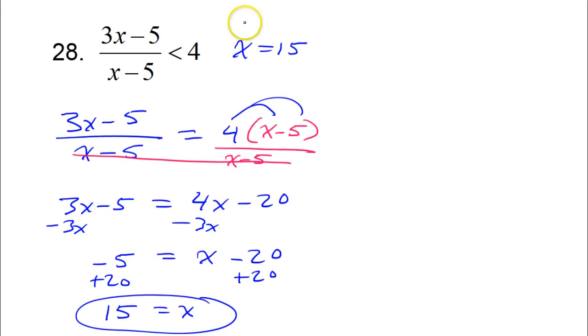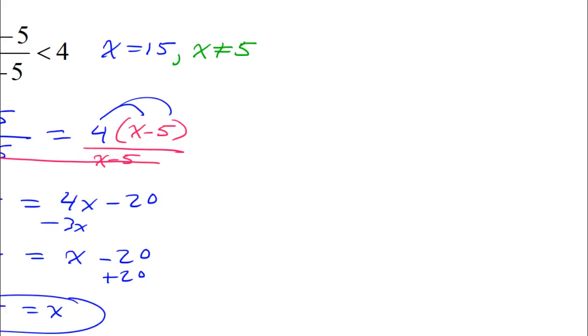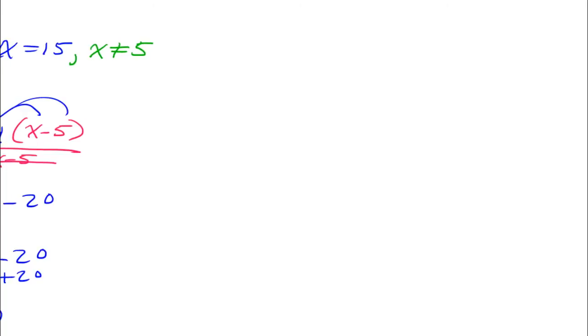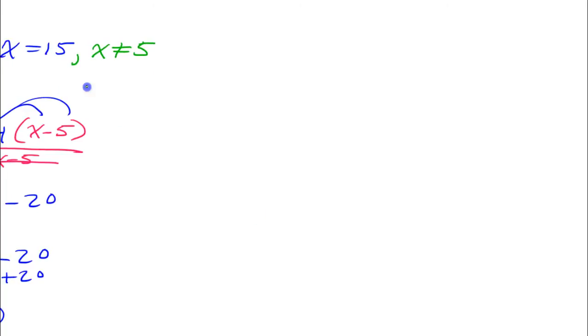Now, there is another critical value because any excluded value is a critical value that should go on the number line. So x cannot equal 5. So that's a value that needs to go on the number line as well. So these are the two numbers for my number line, 15 and 5.